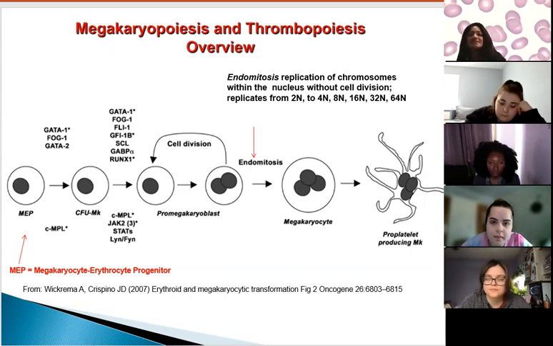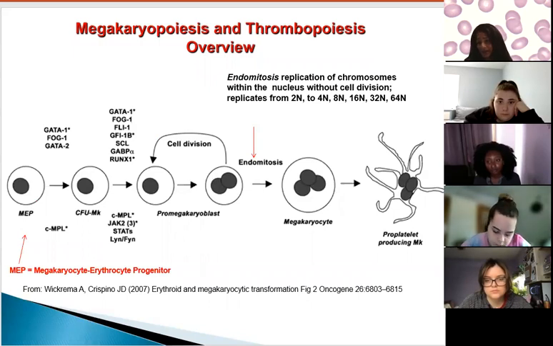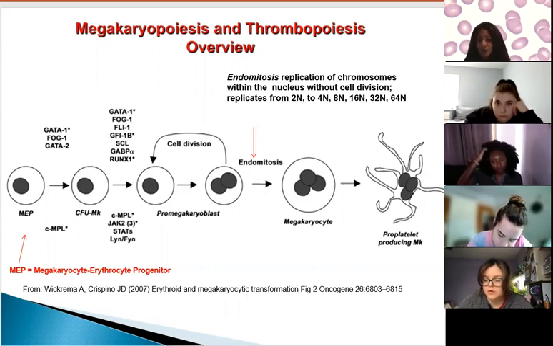And megakaryopoiesis, the formation of a megakaryocyte. But you don't have to remember this chart. I just want you to know that endomitosis is really what's happening here. Megakaryocytes have multiple chromosome copies. They are recruited from the common myeloid progenitor cell, and they differentiate through several maturation stages.